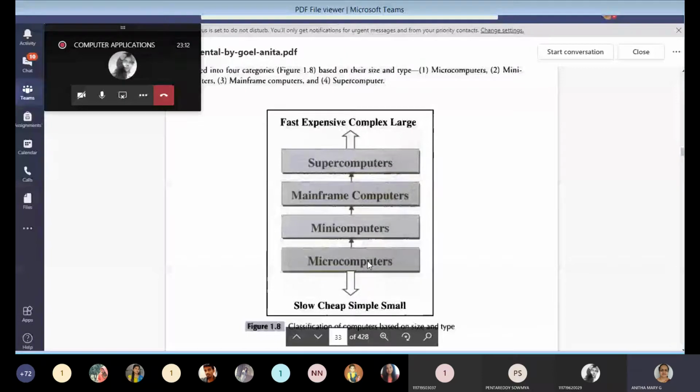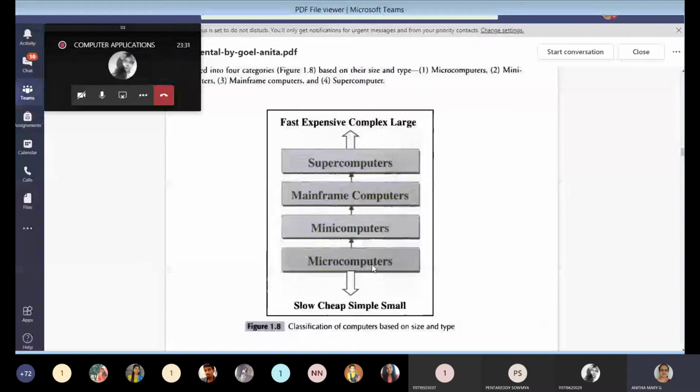Again I repeat, microcomputers are small, low cost, single user digital computers. They consist of a CPU, input, output, storage, and software.